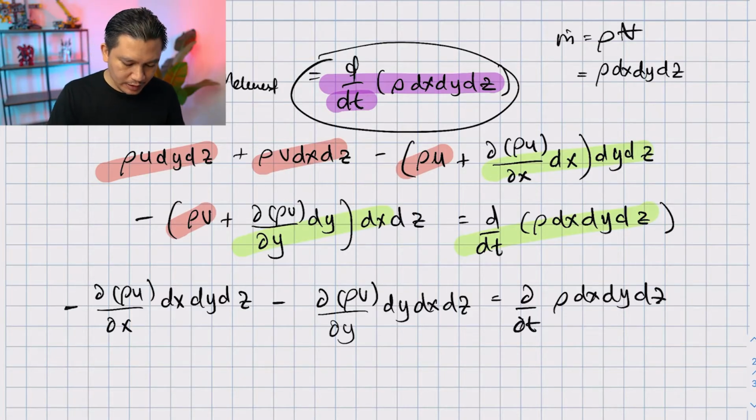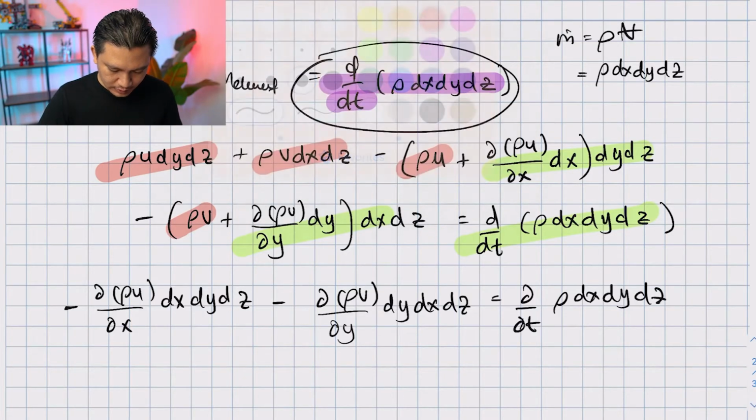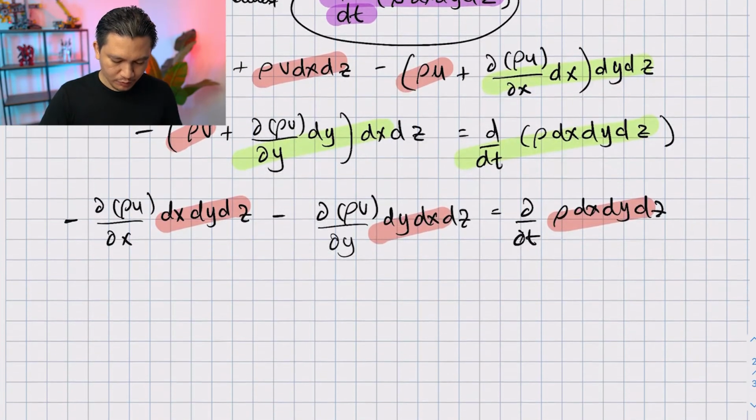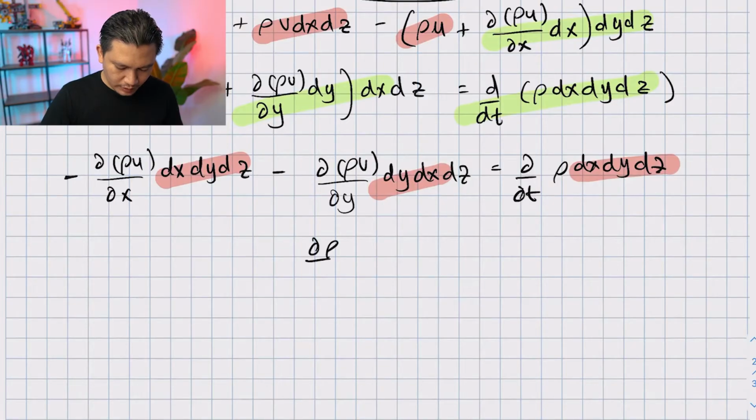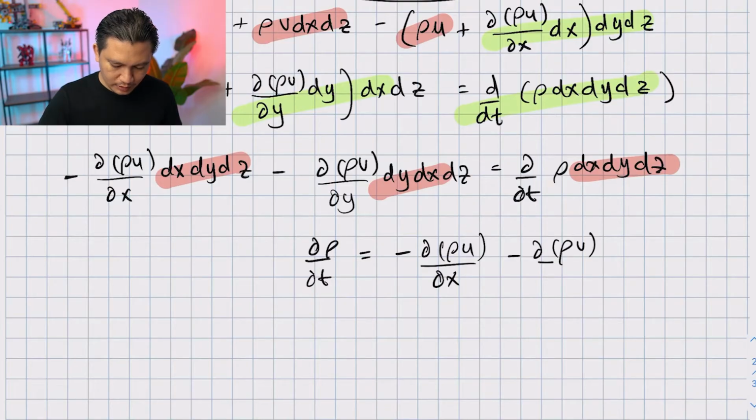And again, immediately you can cancel out these three terms. Okay? And you'll end up with del rho over del t is equal to minus del rho u over del x minus del rho v over del y. Does that make sense now?